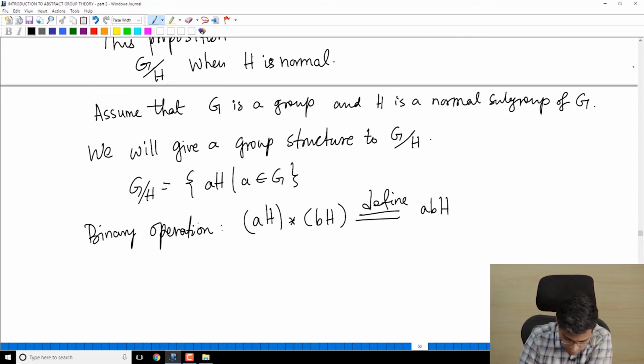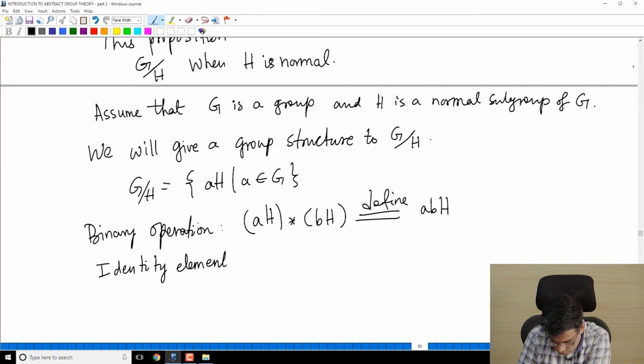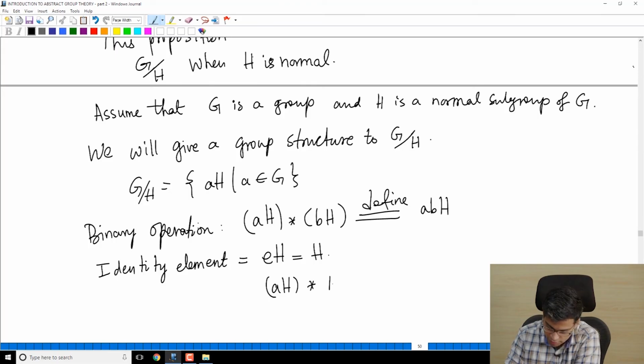Now, is there an identity element? It's simply H. H itself is a left coset, right? That is the identity element. Why is that? You take aH star H and this is aH because a star e is a. Similarly, H star aH is aH.